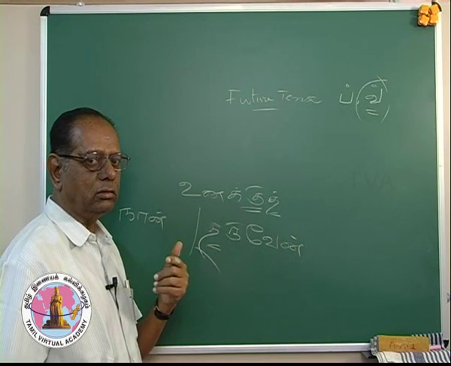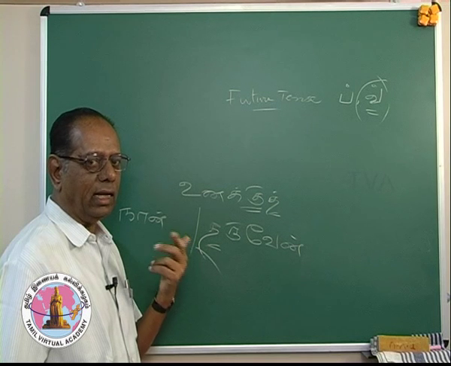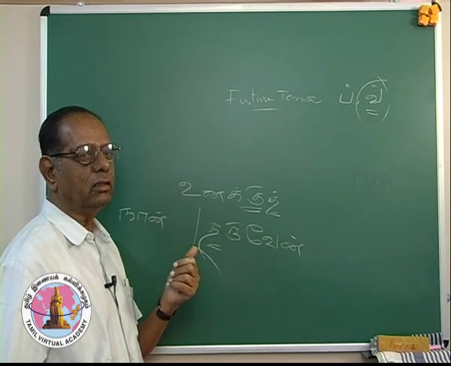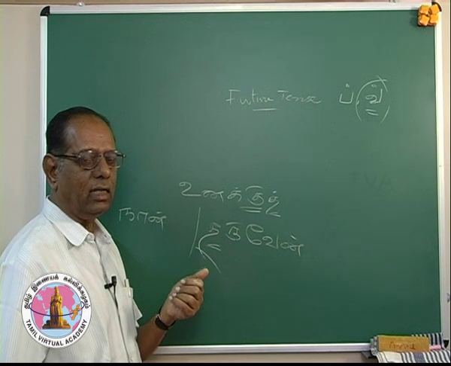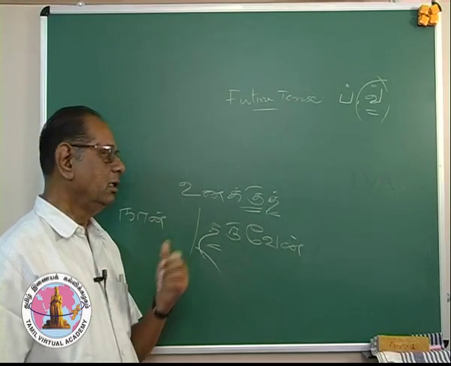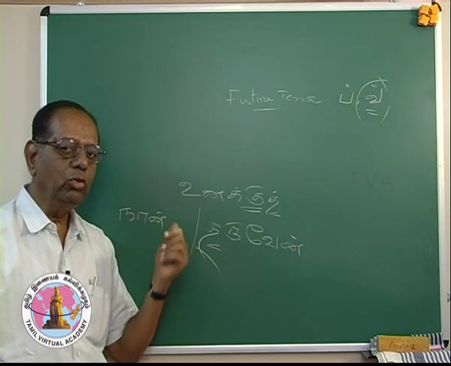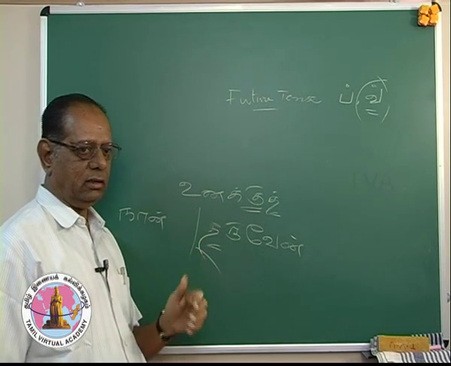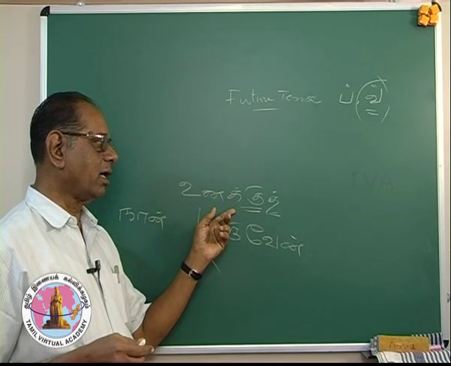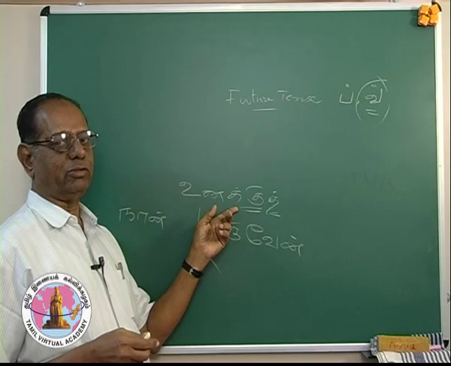There you have both the nouns as objects. One is called the direct object and the other is called an indirect object. Here too you have two nouns, but they are distinctly marked out by the case marker they accept.